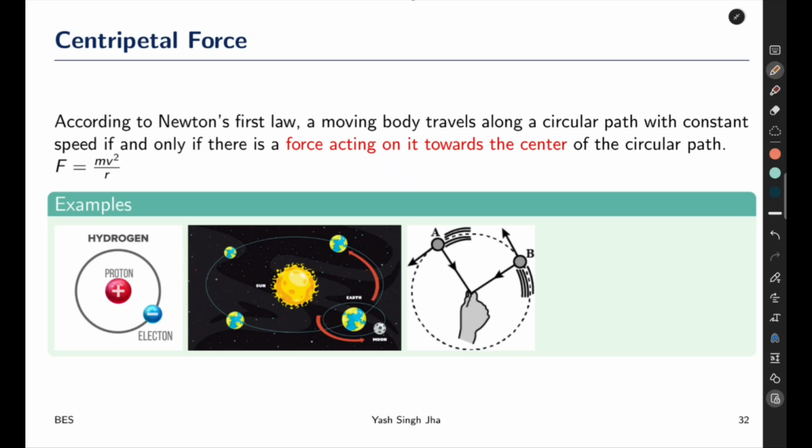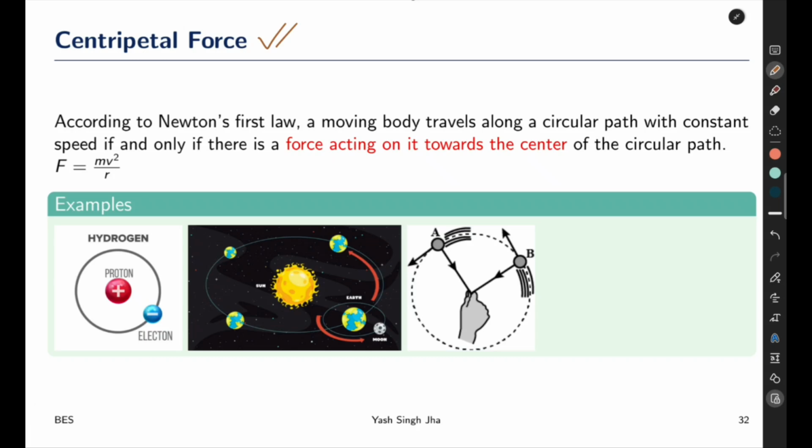At every instant of uniform circular motion, the direction of the body is changing. So there must be some force causing that change, and that force is centripetal force. Centripetal force is a force acting towards the center on a circular path.